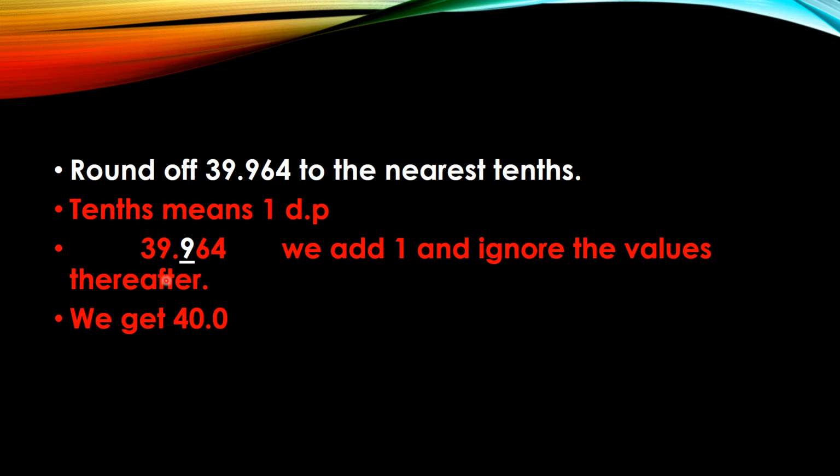So what we're going to do here is add 1, because the preceding digit is more than 5. And when it is more than 5, you know what you're supposed to do.